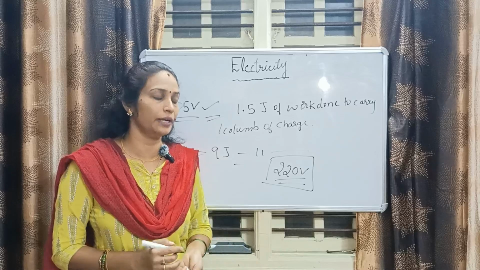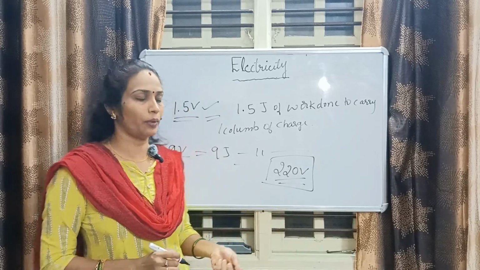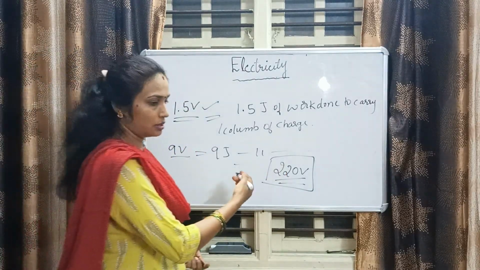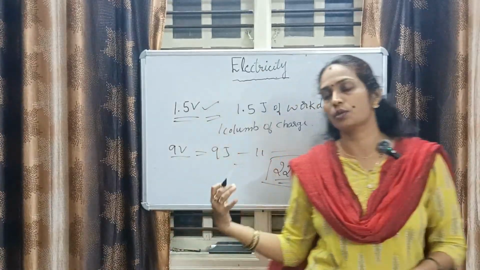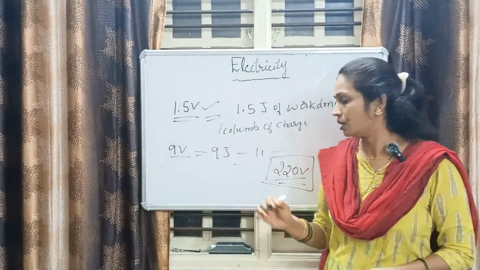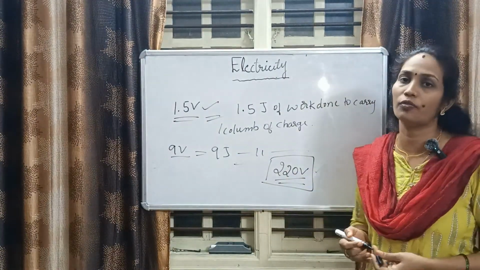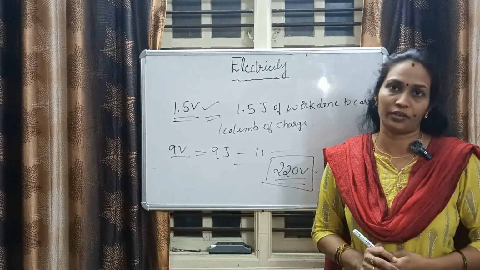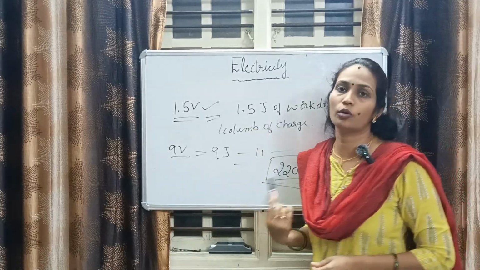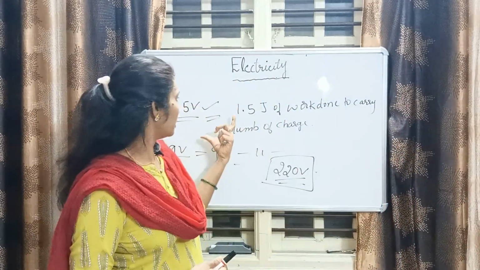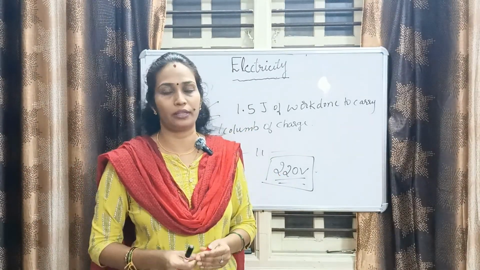This is your extra knowledge. So just keep this in your mind. Every home we are using 220 volts of potential difference. This is about the potential difference and about the battery and everything.